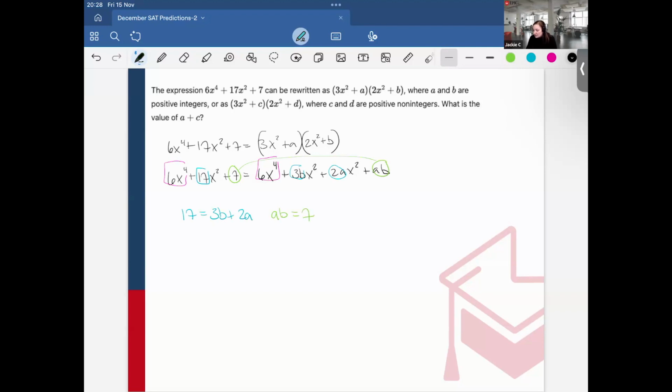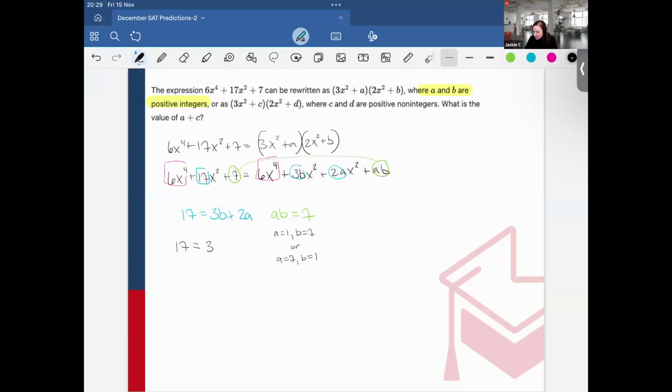Okay, so it does say that a and b are positive integers. So 7 is a prime number, therefore it only has two factors. So either a is 1 and b is 7, or a is 7 and b is 1. I don't know quite yet, but I can determine that with this equation.